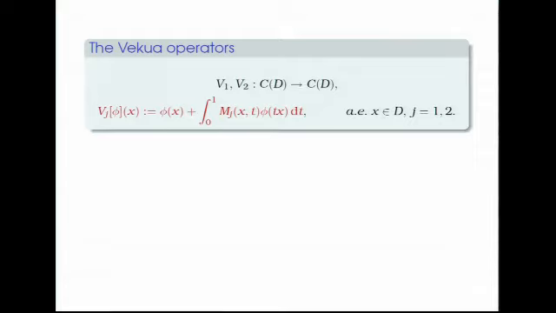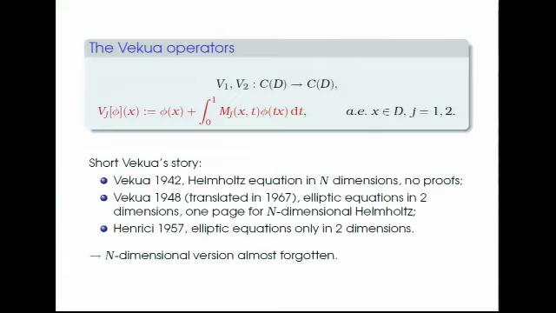It's quite interesting to see, before seeing why we are using these operators, the history of these two operators. Ilya Vekua was a Georgian mathematician. He wrote a few papers where he defined these operators for the Helmholtz equation in n dimensions without giving any proof in 1942.